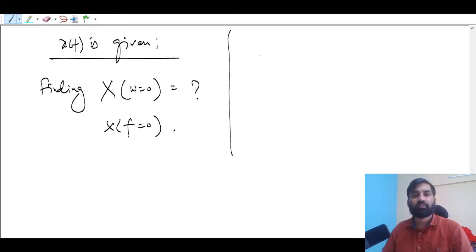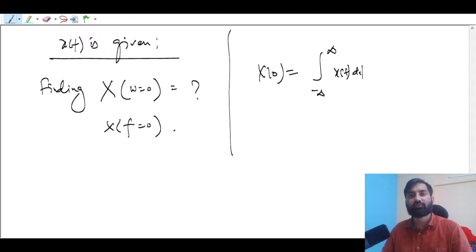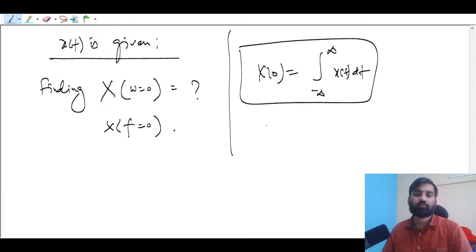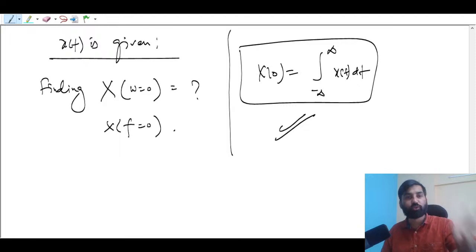So X(0) is going to be the integral from minus infinity to infinity, the area under the time domain signal. Direct. You can prove it also. Take the definition and prove it. So this is one theorem.